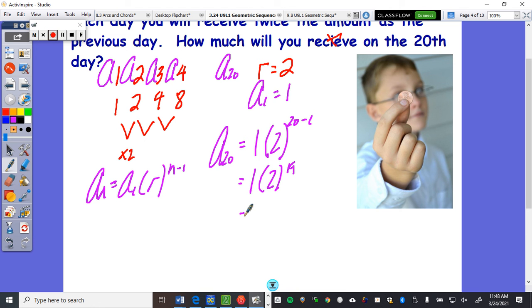So somebody tell me how many pennies we have on the 20th day if we doubled them every day and started off with 1 penny. How many pennies do I have?